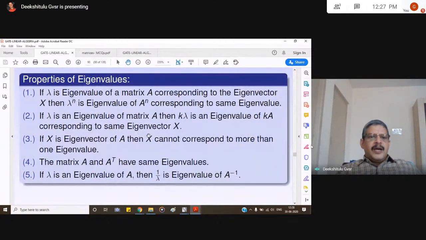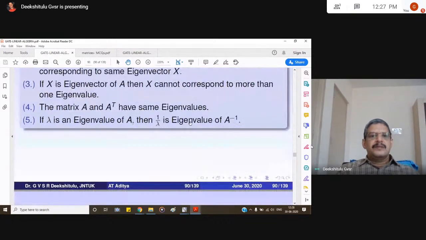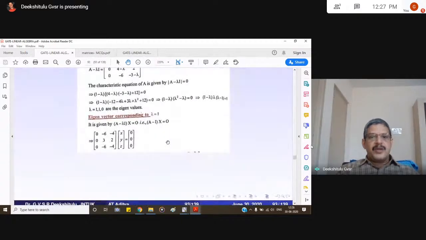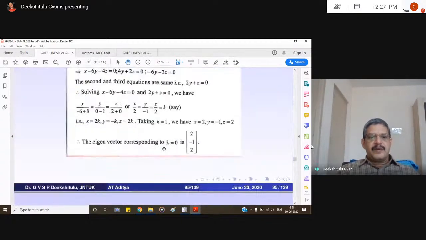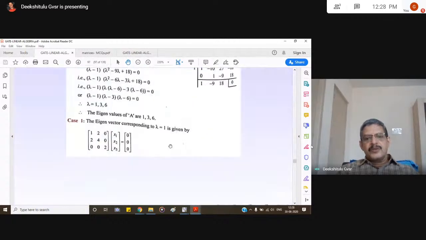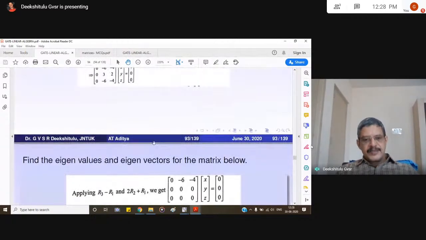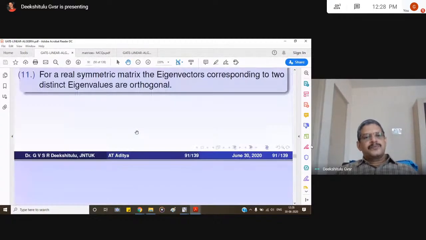I stop here before going to the properties. So many problems and properties we have to deal with here, eigenvector properties and problems. So we'll sort out these things and discuss them in the next class.